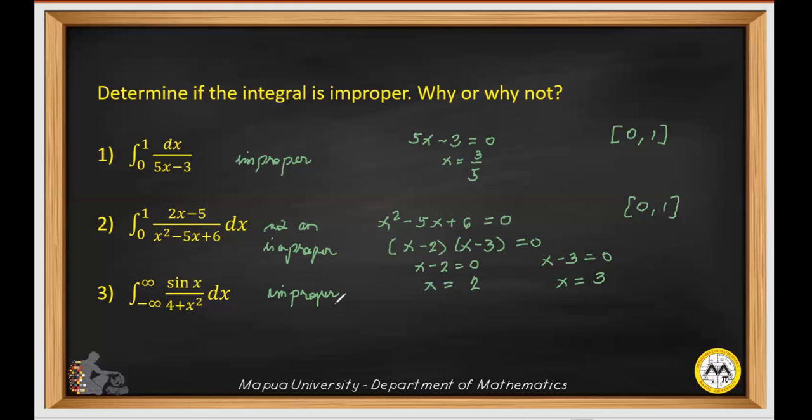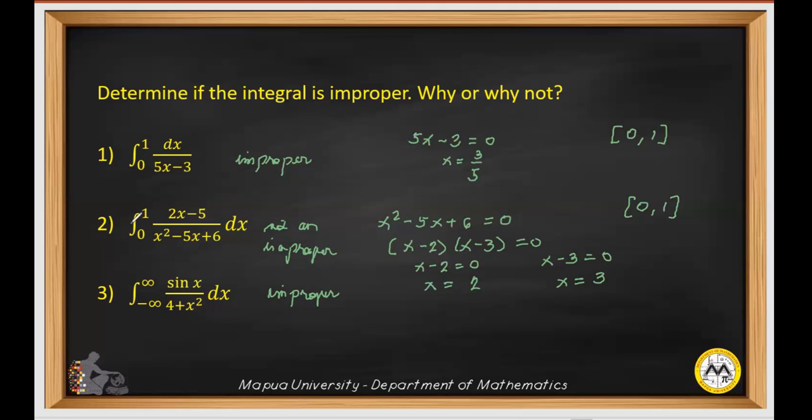So if we are given a rational integrand, we have to determine whether the given integrand is continuous within the limits of integration, from the lower limit to the upper limit.